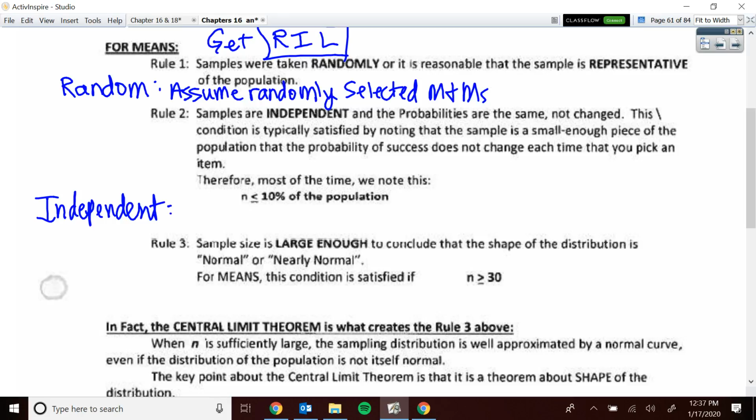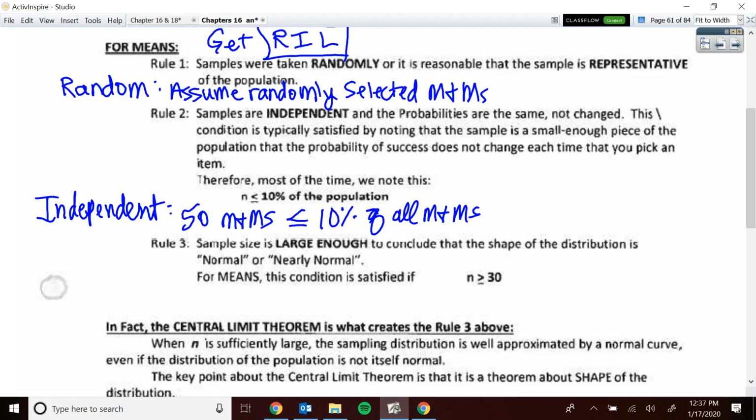Because there are just so many. The population is so big, your little sample is not really affecting the probability. That's what independent is saying. My 50 M&Ms is so insignificant compared to the population, and my 50 M&Ms is certainly less than or equal to 10% of all M&Ms. So that's how you would write that.